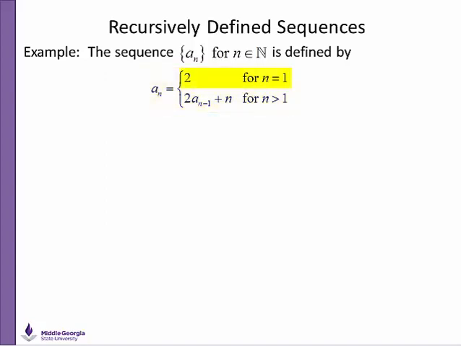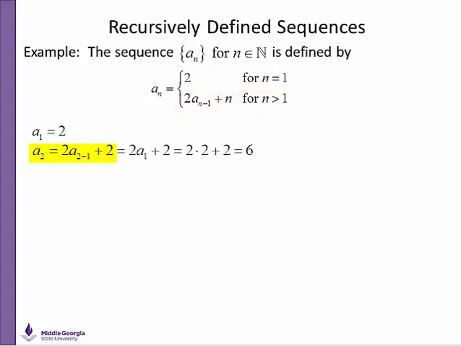So this time we have only one initial value. a sub 1 is 2. And then all other elements of the sequence are defined recursively using a recurrence relation based on the term before them, because a sub n minus 1 comes right before a sub n.